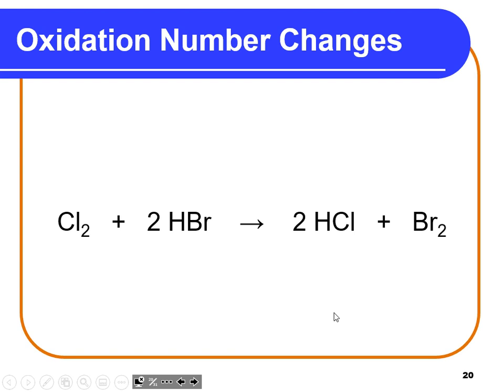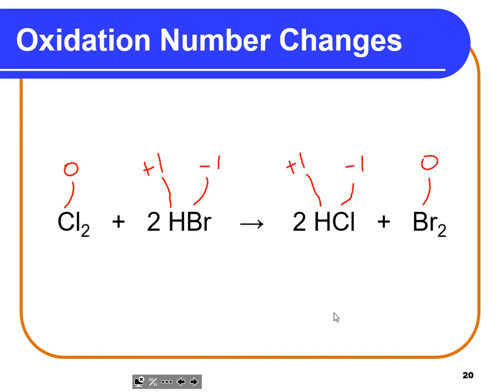Let's look at another one here, and the oxidation number changes. Once again, we have to do the oxidation numbers. Chlorine's by itself. Bromine is going to be a -1 because it's a halogen. Hydrogen's a +1 unless it's a peroxide. Once again, I see I have a halogen and I have a +1.